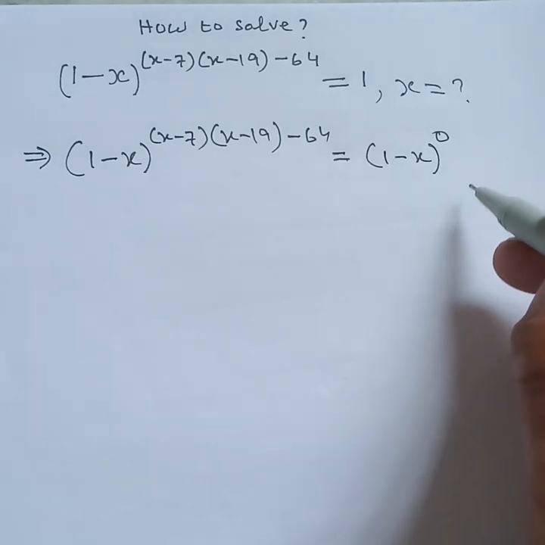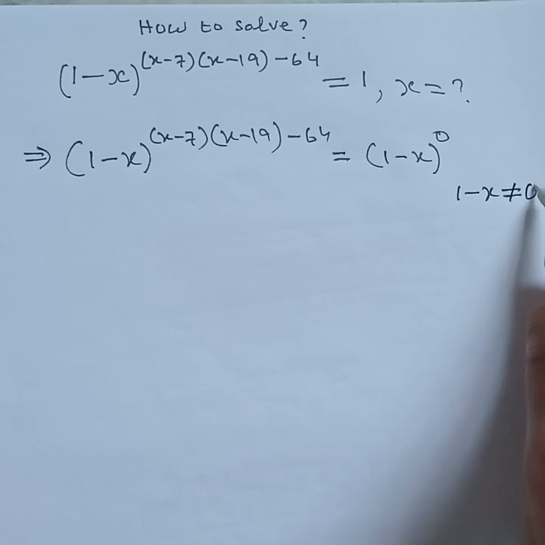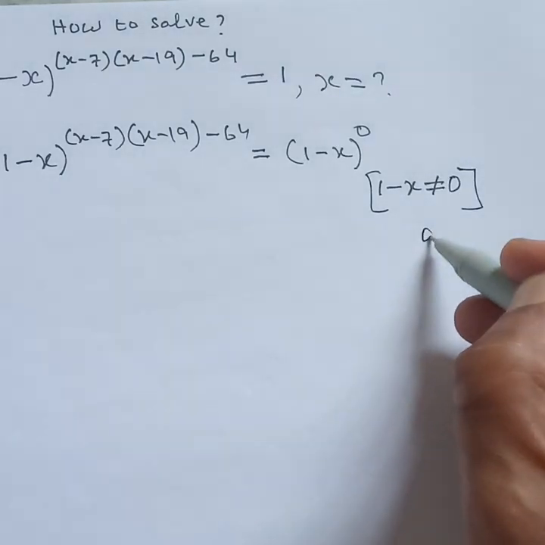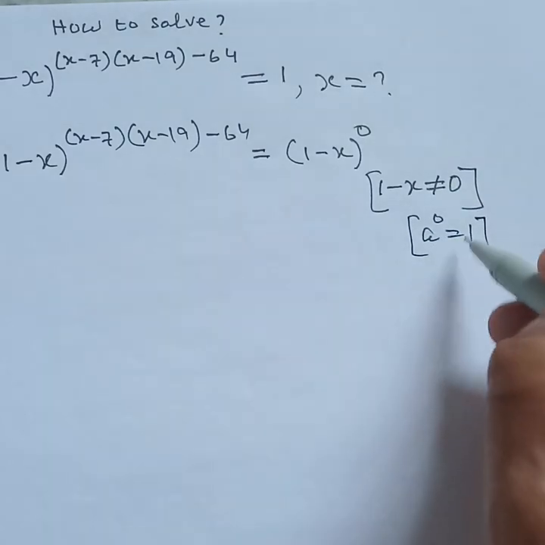Here 1 minus x is not equal to 0. We know a to the power 0 is equal to 1. So in this identity we use here.